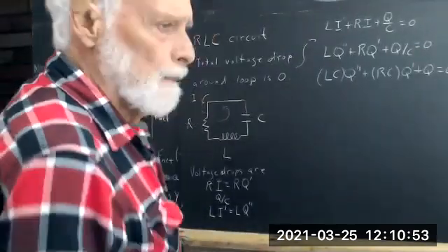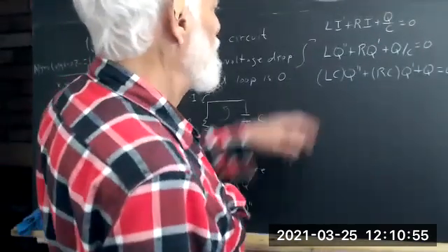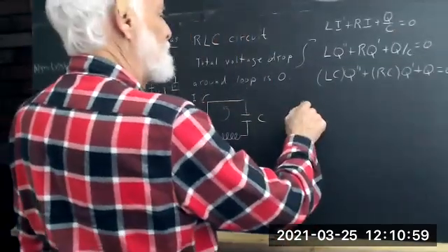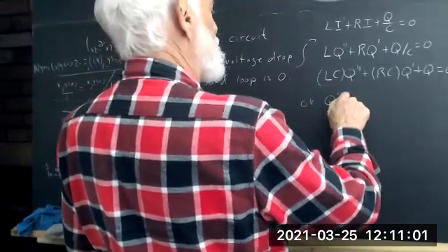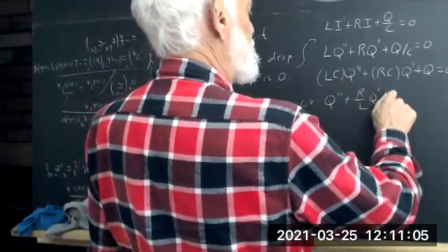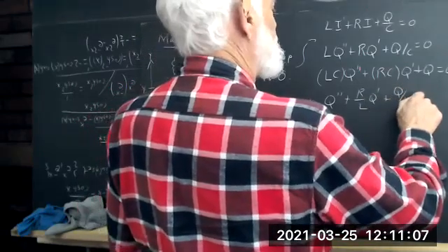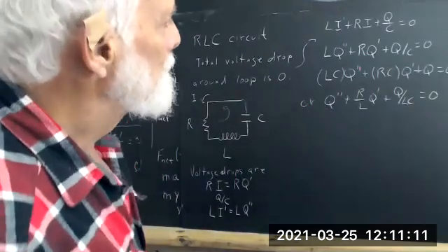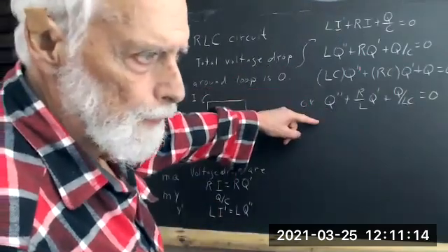And there are other ways to do this. You divide through by L, or Q double prime plus R over L Q prime plus Q over LC equals 0. We would generally use one of these two.